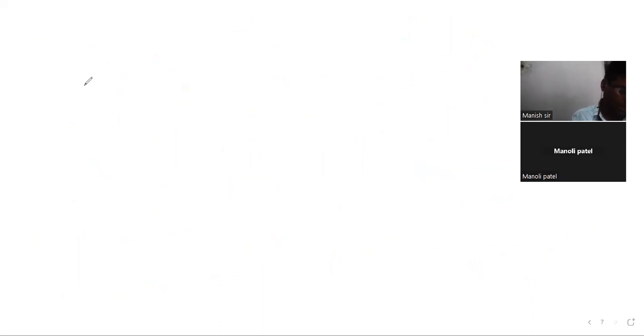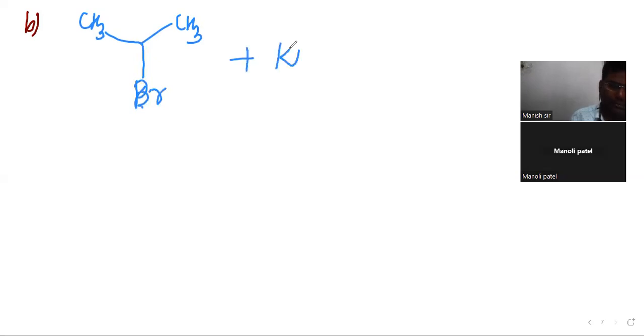Now see the next compound, given as option B. Option B is CH3, C, CH3, here Br plus KOH. So it is forming with alcoholic OH, right? The product is also given. What is it doing? It is doing a substitution reaction.